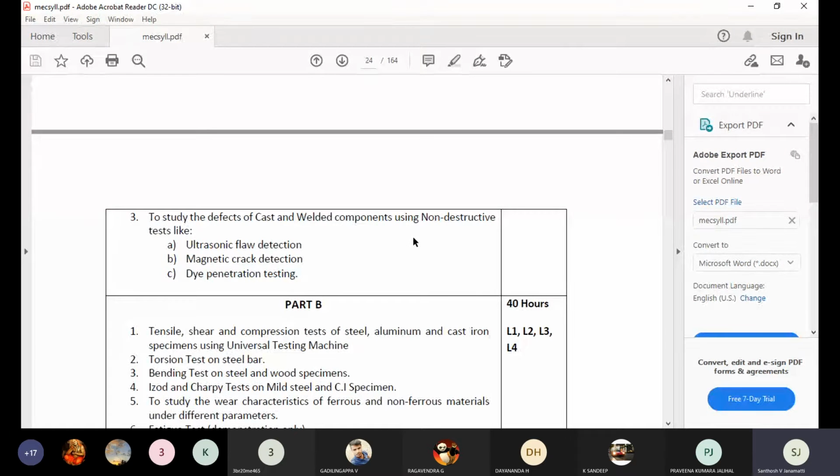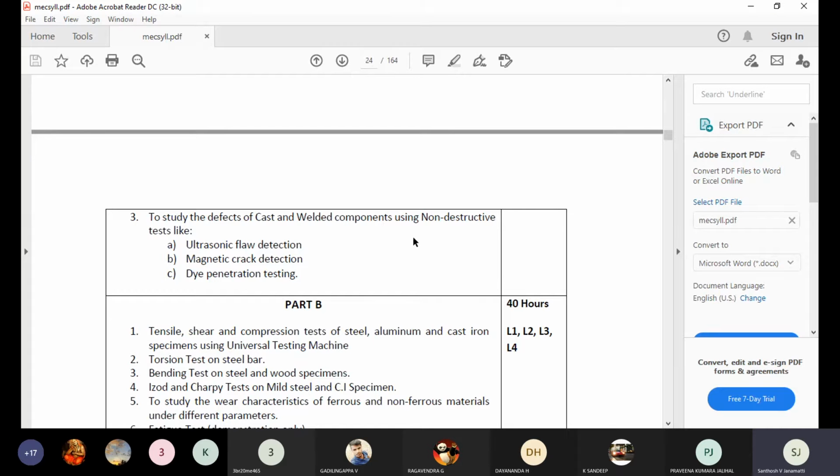Once the material is put under a load, any kind of load, we need to wait till the fracture. So at what point of the load the sample will break, or be harmed, or be damaged, at that load we will collect, and then we can calculate the strength. So these are destructive. Destructive means we have to break the samples, then we can get the results. Break the samples, scratch the samples, or harm the sample in any manner.